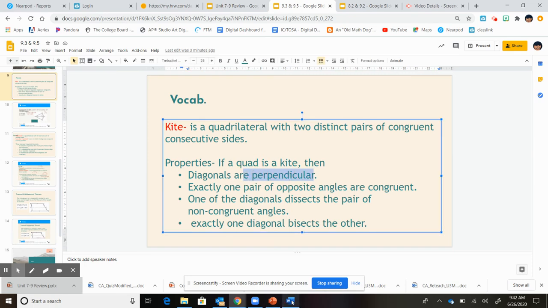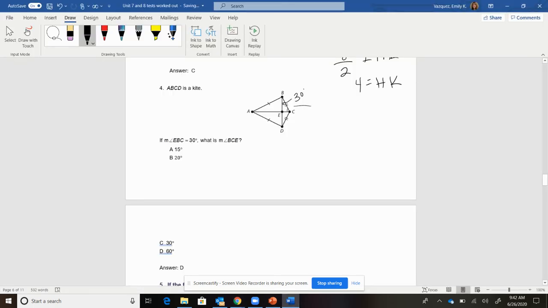Okay? So if my diagonals are perpendicular, I want to look at triangle BEC, and I know that this is 30 and this is 90 degrees because it says that the diagonals are perpendicular. So I can very easily find angle BCE by knowing that all of the angles add up to 180.